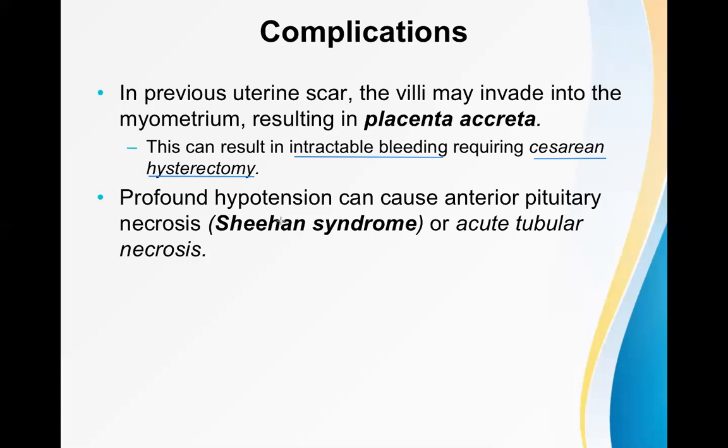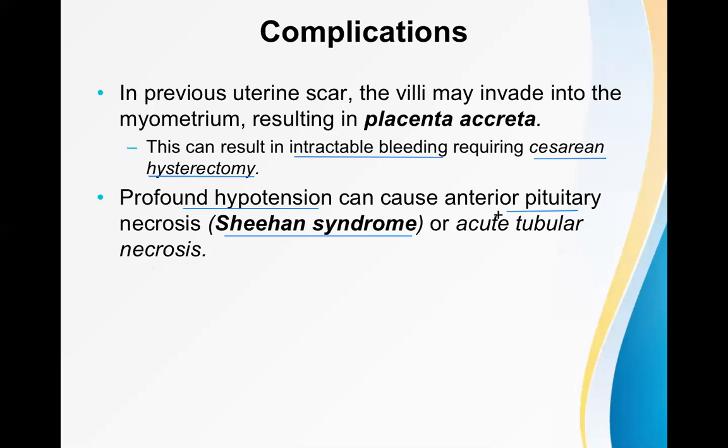Another term which is known as Sheehan syndrome. You already know this. Sheehan syndrome occurs because of profound hypotension or profound hemorrhage after the delivery. As a result of this, there is relative ischemia of the anterior pituitary gland, because during pregnancy the pituitary gland is hypertrophied.